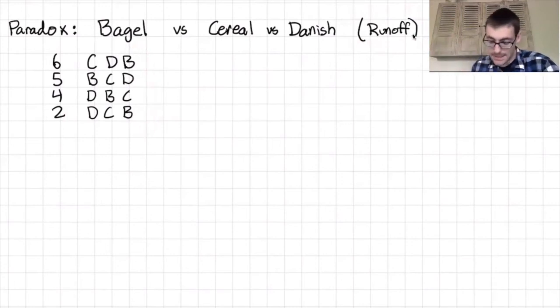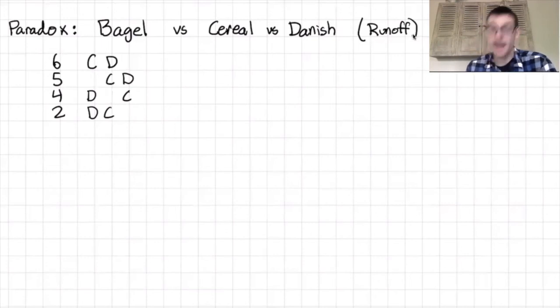Notice that Danish gets a total of 6 first place votes. Cereal gets 6 first place votes. Bagel only gets 5 first place votes. So according to our runoff procedure, we remove bagel from the picture, and now we ask between cereal and Danish, what's the preference? Well, in this case, cereal beats Danish.